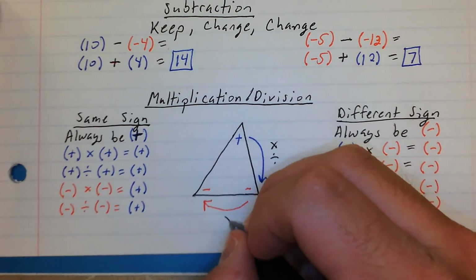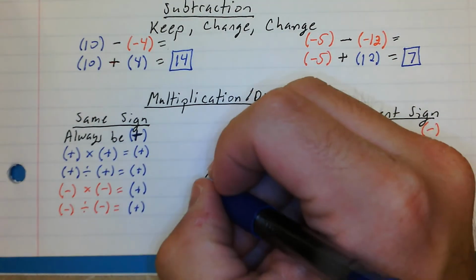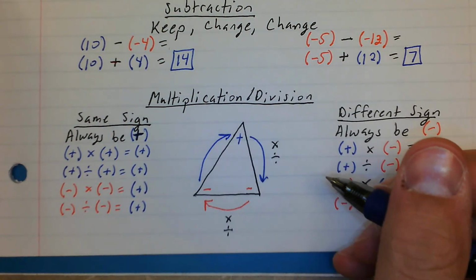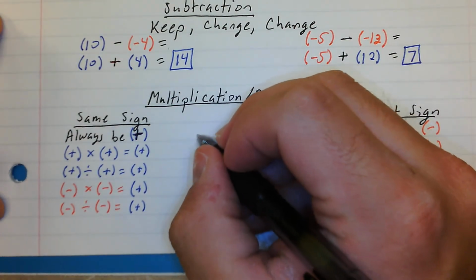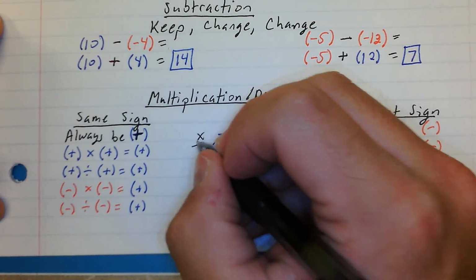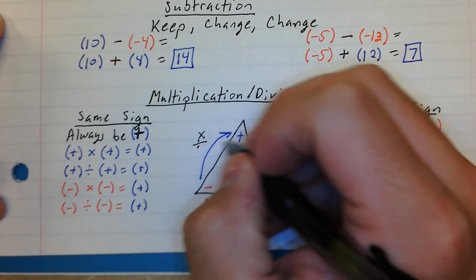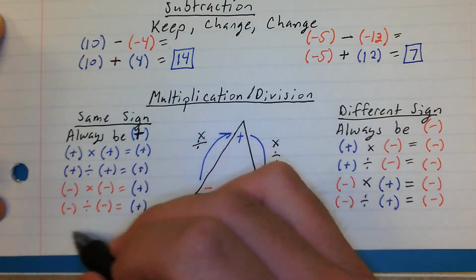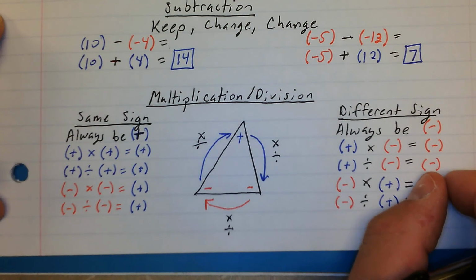If you multiply or divide a negative by a negative, then my answer will be positive. And if I multiply or divide a negative by a positive, my answer will still be negative. You might like it this way, whichever way you prefer. And that's it for integers.